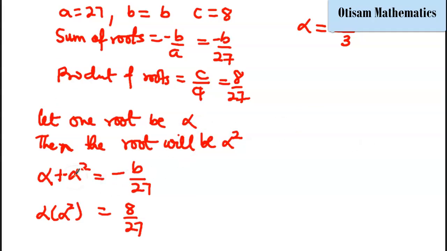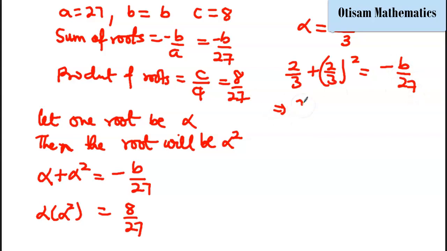Now we have alpha plus alpha squared, which is equal to minus b on 27. So we just substitute this one here, which is 2 on 3 plus 2 on 3 squared, which is equal to minus b on 27.